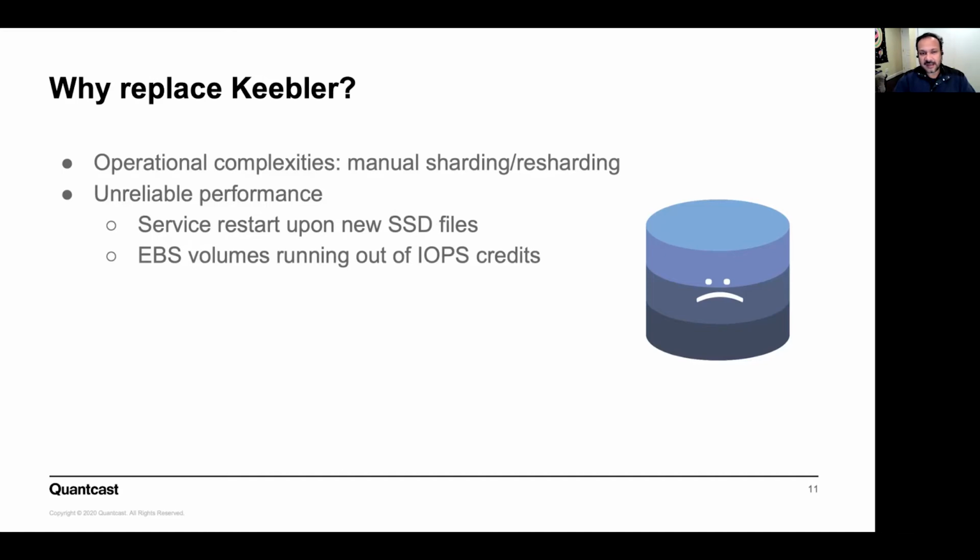So we would see tail latencies that would not be too good, especially during peak traffic. I'll go into why this was the case a little further in the presentation.